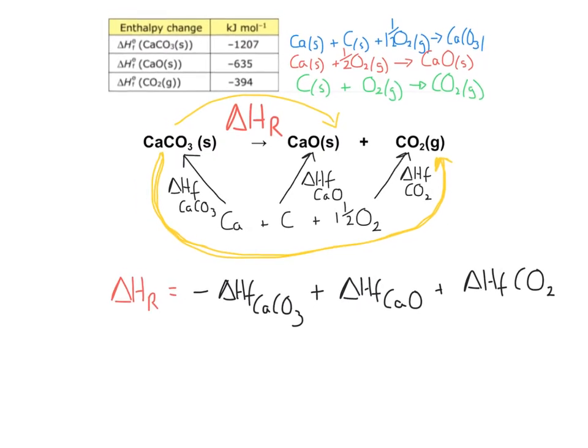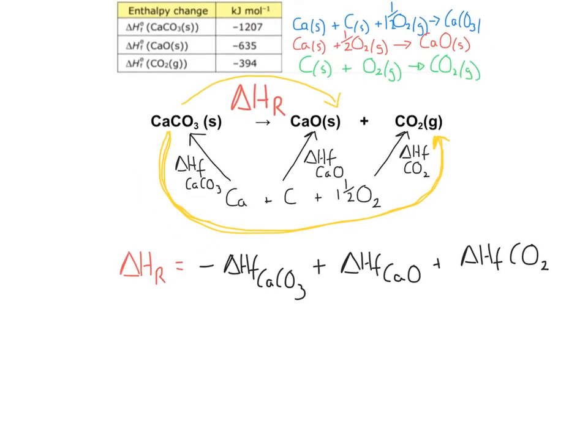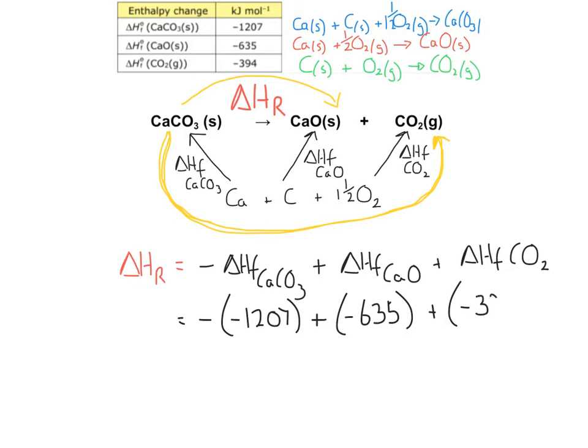Now I'm going to use the values that the question gave me. So if I solve that, we're going to have negative minus 1207 plus minus 635 plus minus 394.